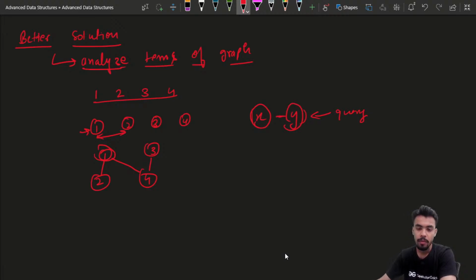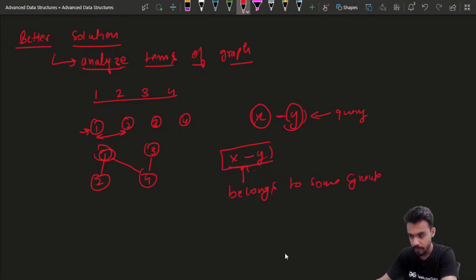Okay, but now suppose x and y are first connected, then we know that these two belong to some group. Now if x and y get connected, and say after some time y gets connected to z, if this happens, then this would be a group, and this would be another group.